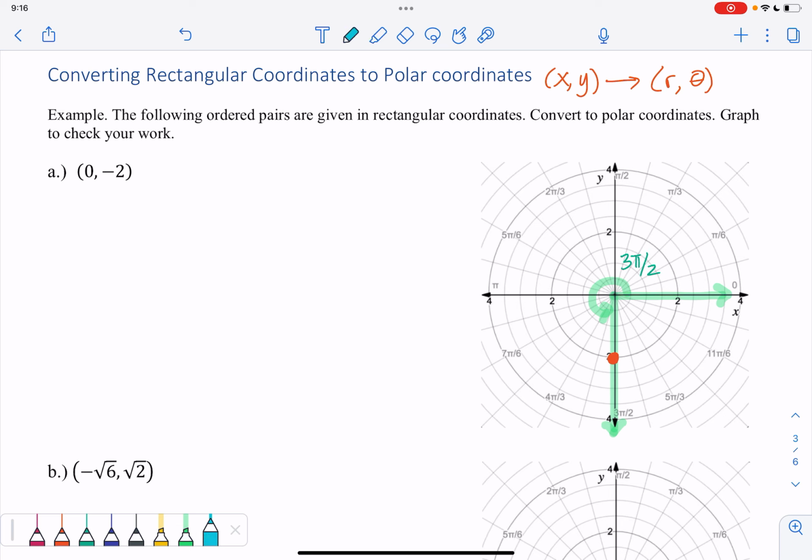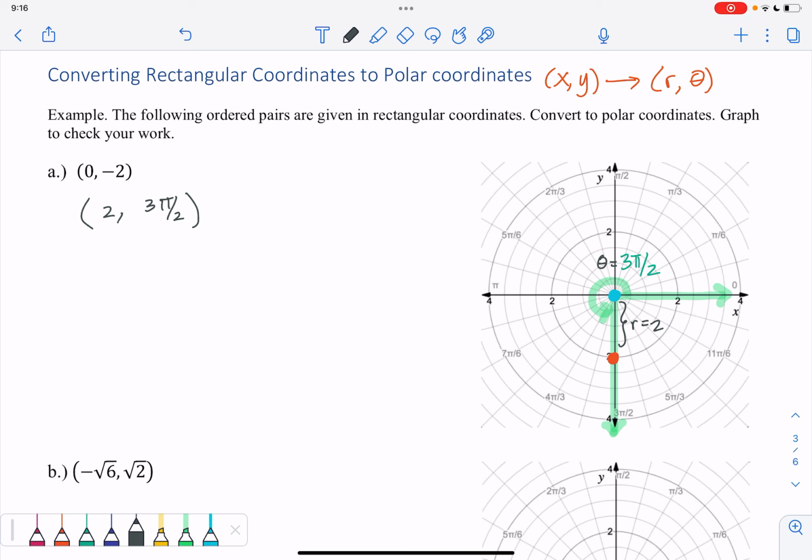Then I look at the distance from the origin, and I know that has to be a length of 2. So here r is 2, and my angle is 3π/2. Then the polar coordinates here have to be r first, 2, and 3π/2. And that's just from inspection. This just happened to work out nicely, so sometimes we can do that.